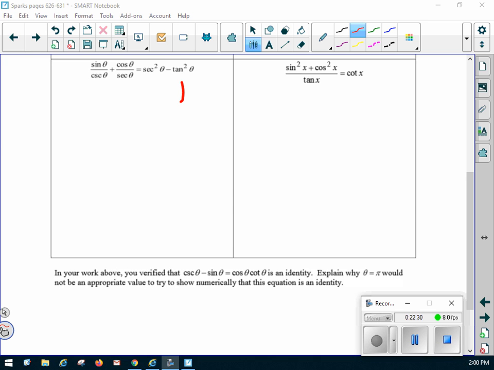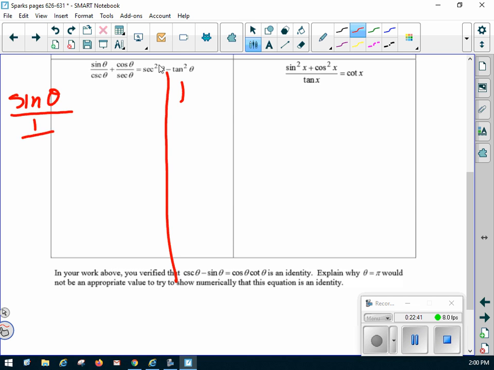Change everything to sines and cosines. This is sine theta over 1 over sine theta. I'm going to change this one first.